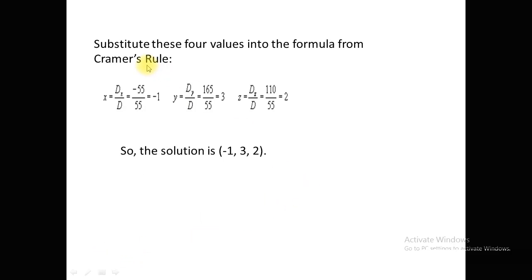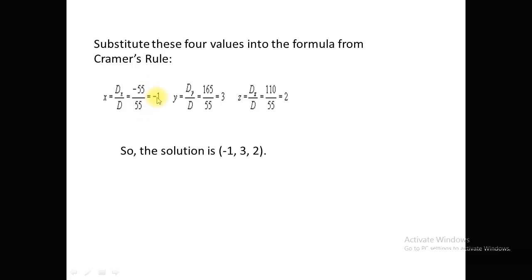Now substitute these four values into the formula from Cramer's rule. In Cramer's rule we have the formula for the variable x, that is Dx divided by D. The Dx value is minus 55 and the D value is 55.